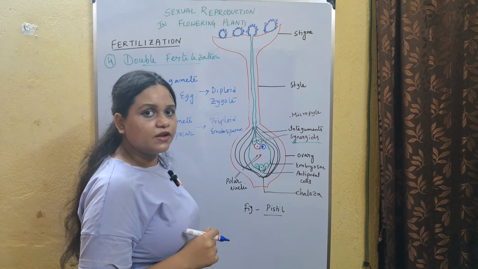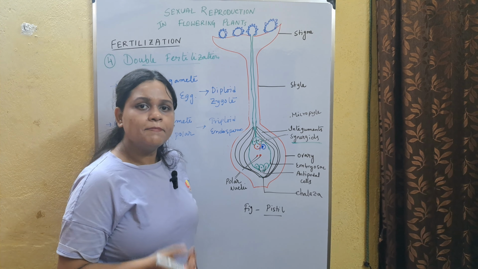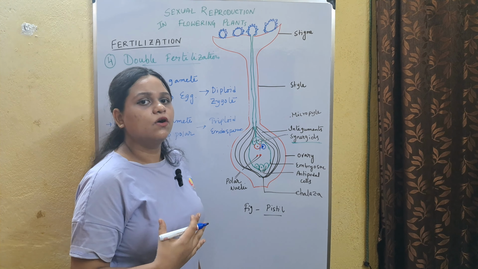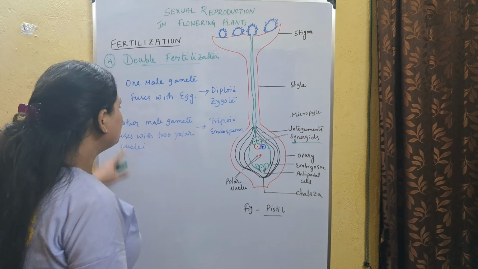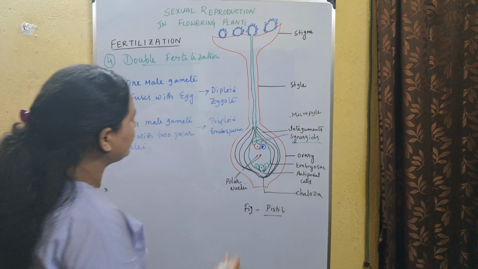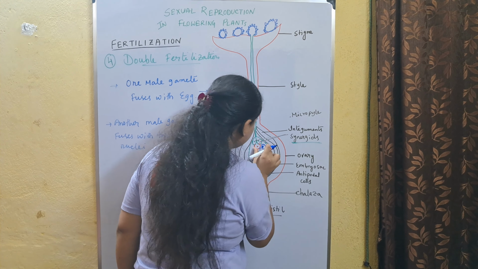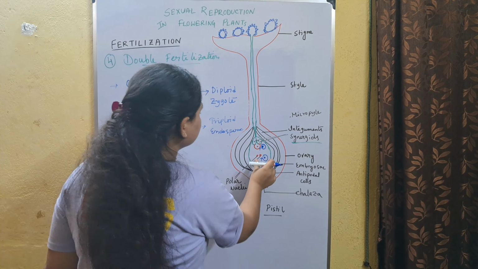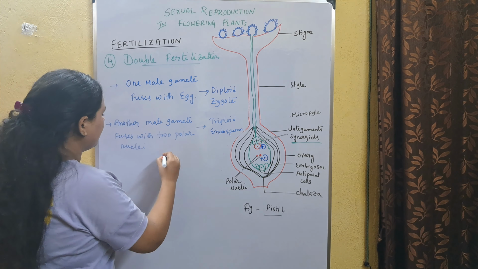And what is the function of endosperm? Endosperm is the nourishing tissue for the developing zygote or developing embryo. Two consecutive fertilizations occur. Here I can also draw. So this is one fertilization and this is another set of fertilization. Two fertilizations occur.